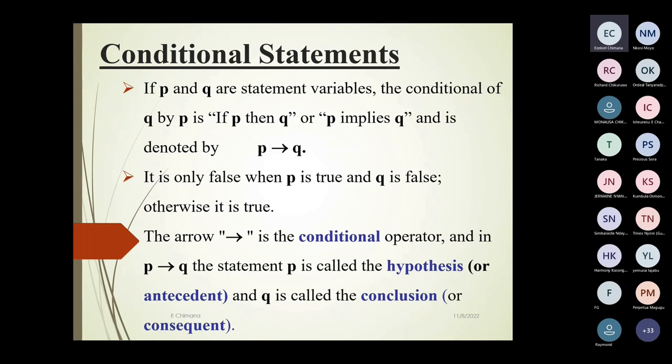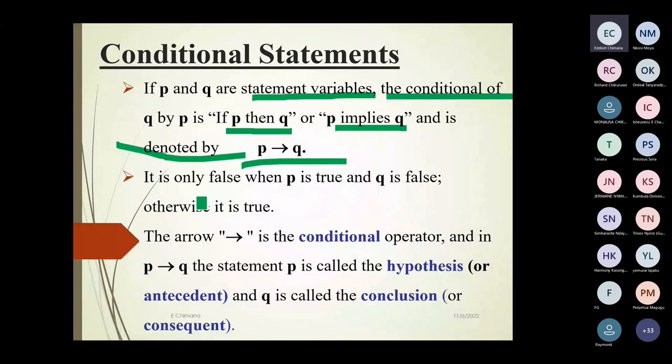So conditional statements: if P and Q are statement variables, the conditional of Q by P is P then Q, or P implies Q, and is denoted by P implies Q. It is only false when P is true and Q is false.